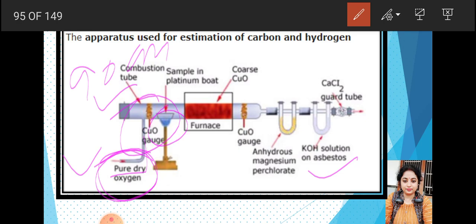This is a boat, and this boat will contain our organic compound, about 0.2 gram of compound placed in this porcelain boat. This is followed by coarse copper oxide, which is held between two asbestos plugs.